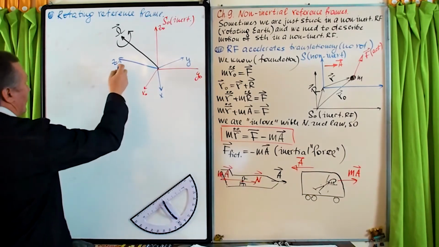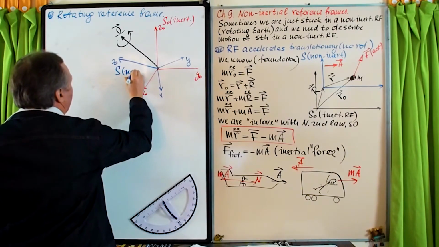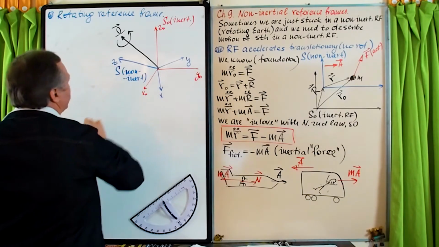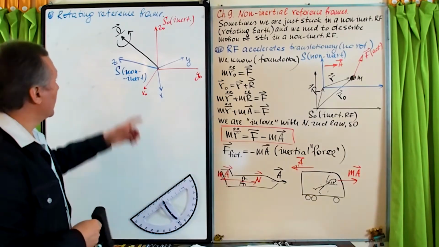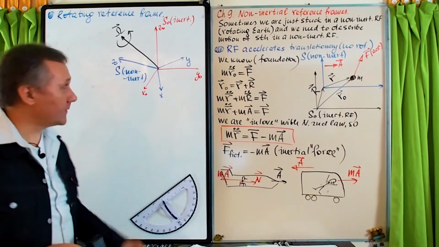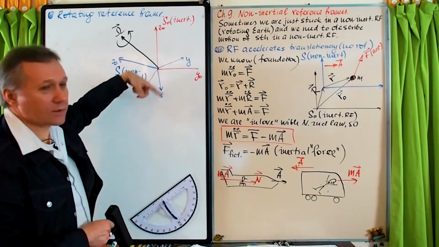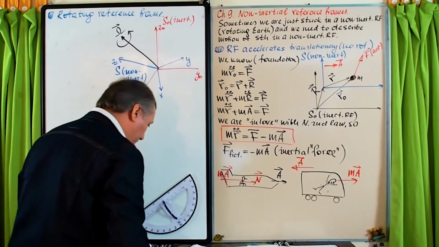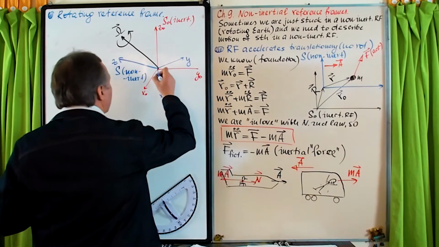So this reference frame S is, of course, non-inertial. It spins around this axis: this Z spins, this Y spins, X spins. Now let me introduce the unit vectors.